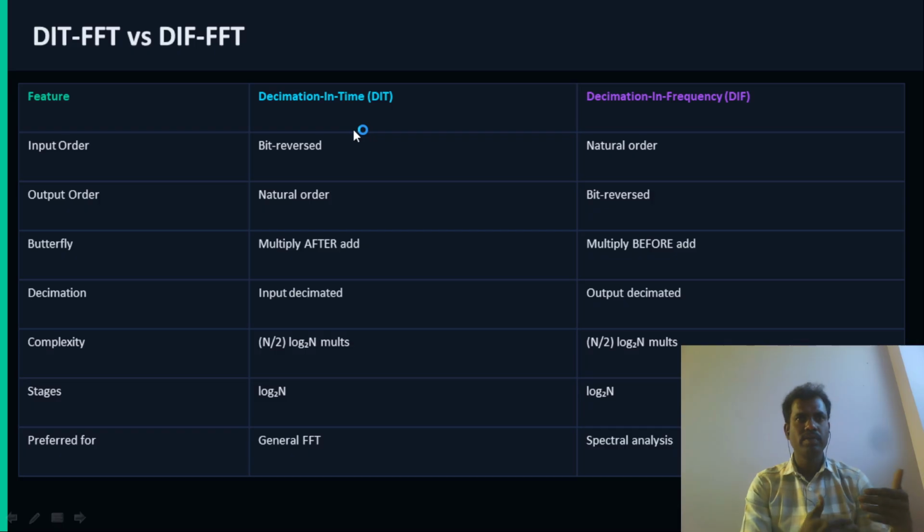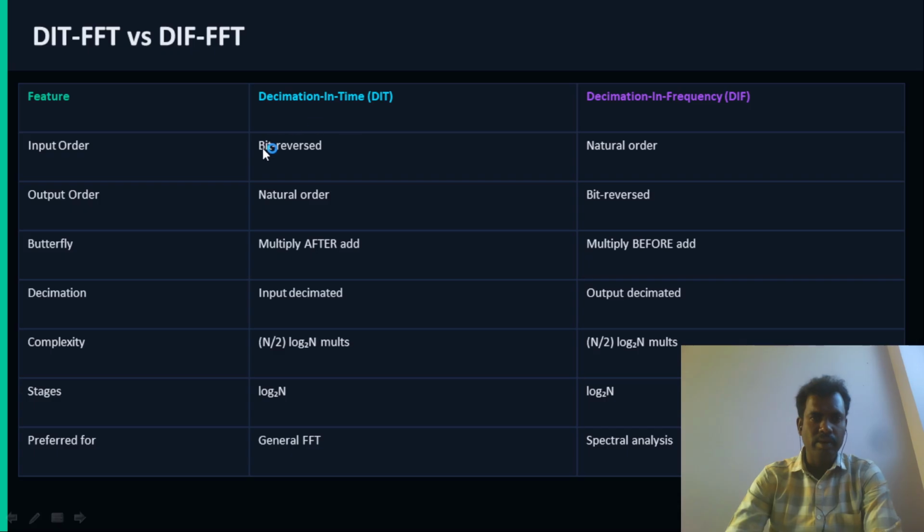Again, the even index samples are split into even and odd, and the odd ones are again split into even and odd. So finally the input order is changed, and that order can be derived as bit reversed order. So in decimation in time, the input samples we apply are in bit reversed order, but the output is in normal order. We calculate all the outputs at a time, but the input we apply in groups. That's why the input order is changed.